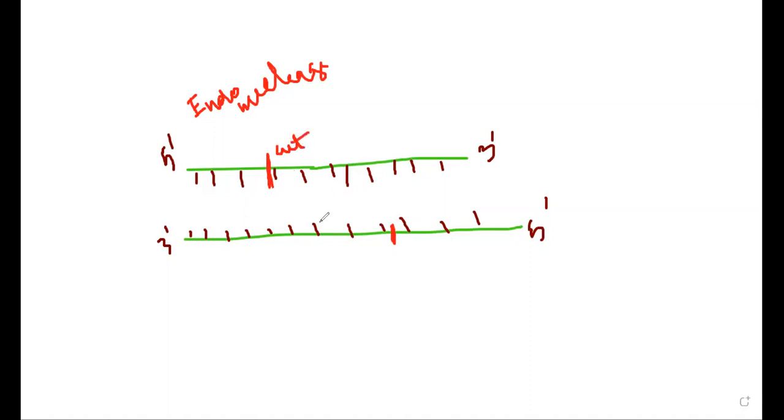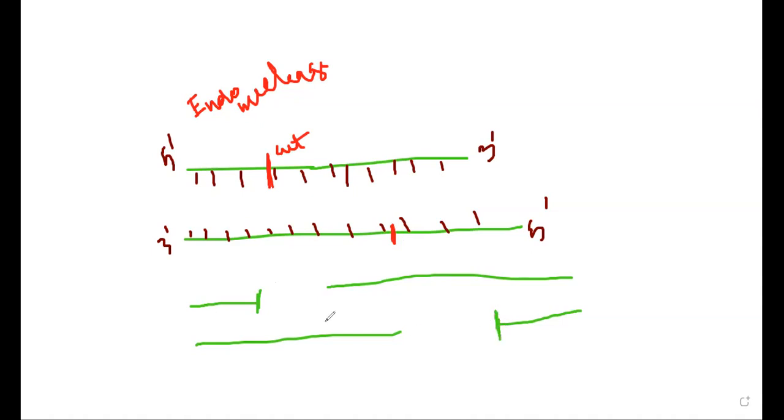As a result, how will you obtain the DNA molecule? The structure will be like this. Those two strands you will obtain like this. The cut is made here only, at this position and this position, with the help of the enzyme endonuclease.